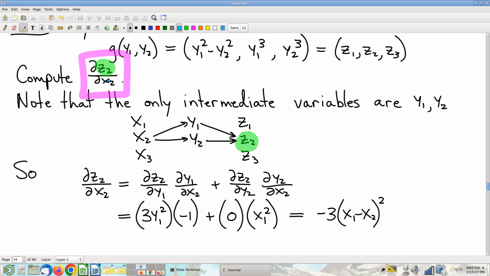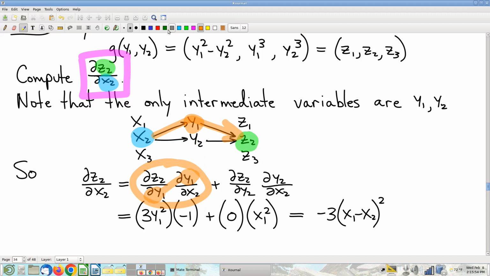There's X2. So the partial I've been asked, I can see right here on the diagram what's the input, what's the output, and then furthermore, I can see what are the paths, or said differently, what are the corresponding intermediate variables. My intermediate variables are y1 and y2. And so then correspondingly, for this y1 path, I get a y1 term.